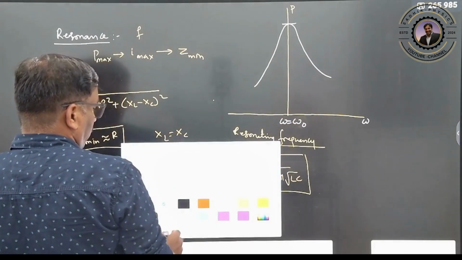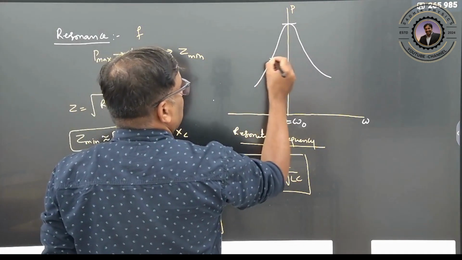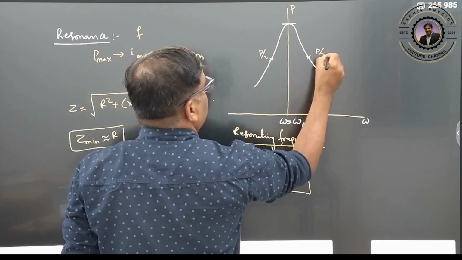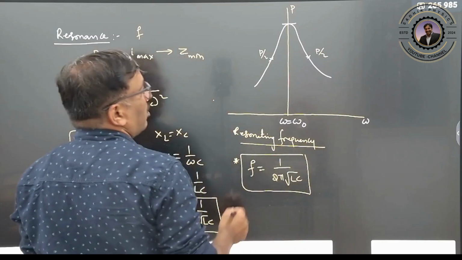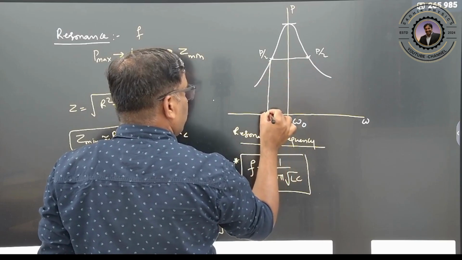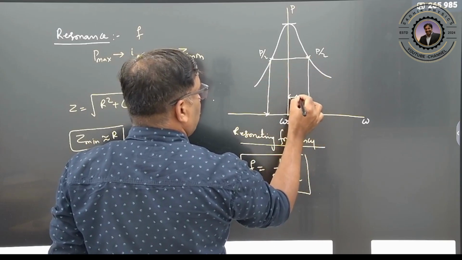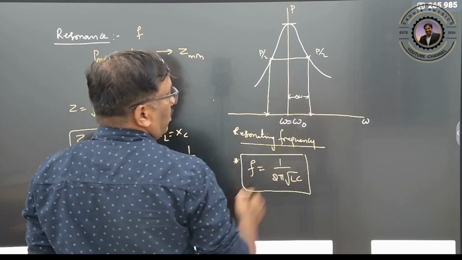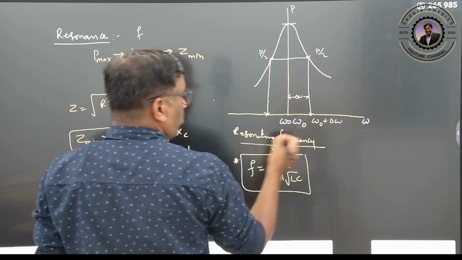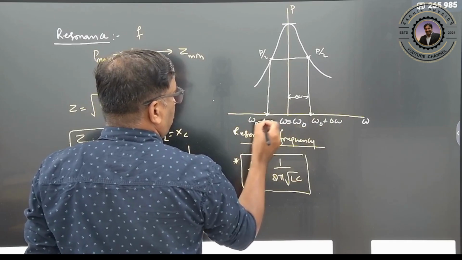Therefore the power is going to drop as you go far away from this. We take the maximum power range at half of this deviation, after which it quickly falls. So this power range has a certain amount of delta omega. On this side it is omega naught plus delta omega, and on this side omega naught minus delta omega.